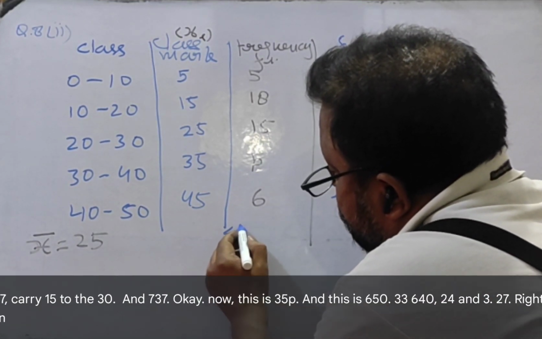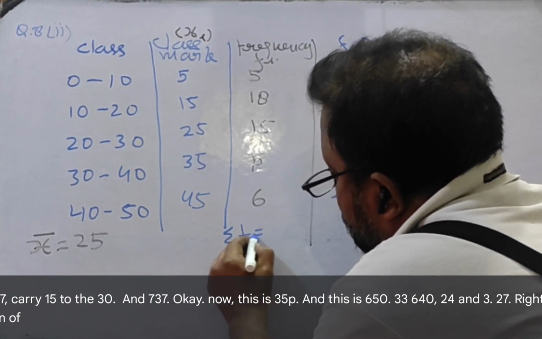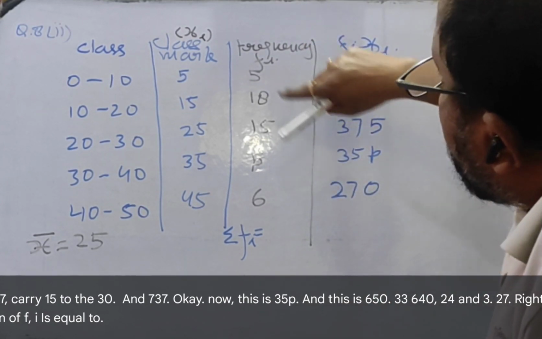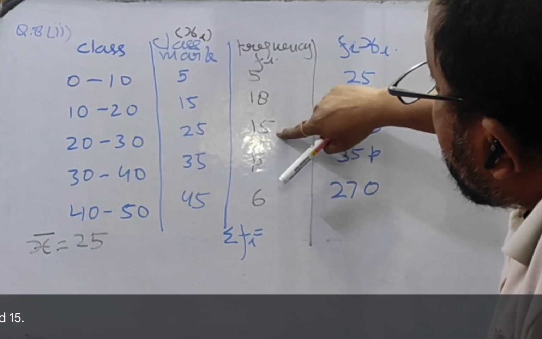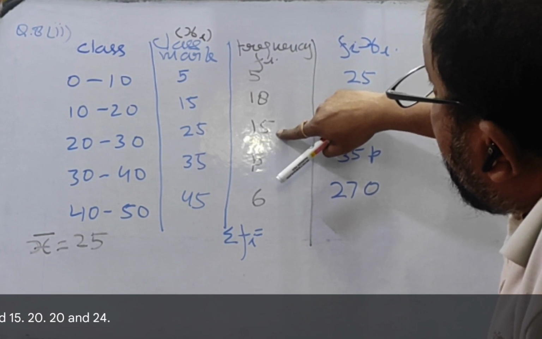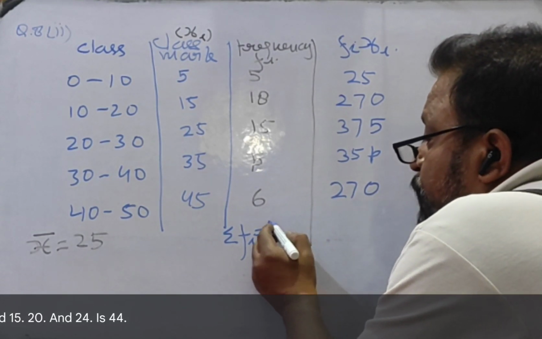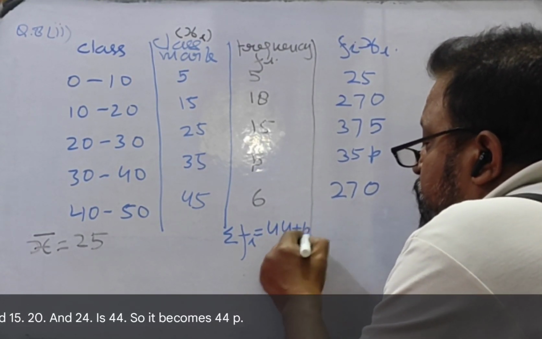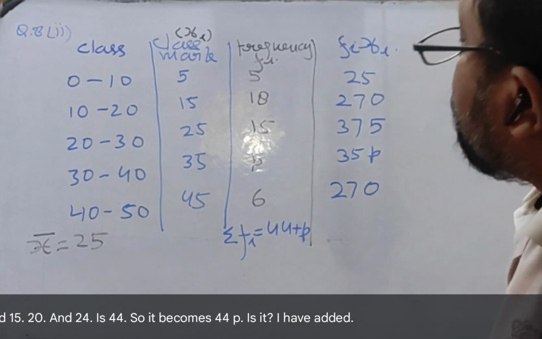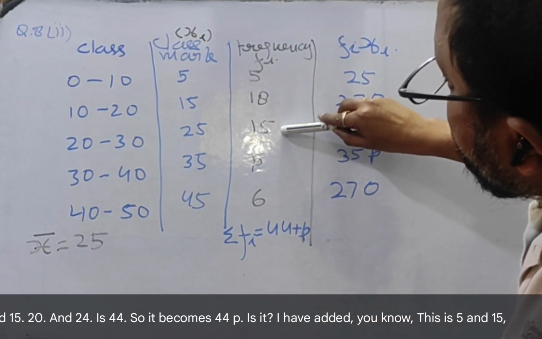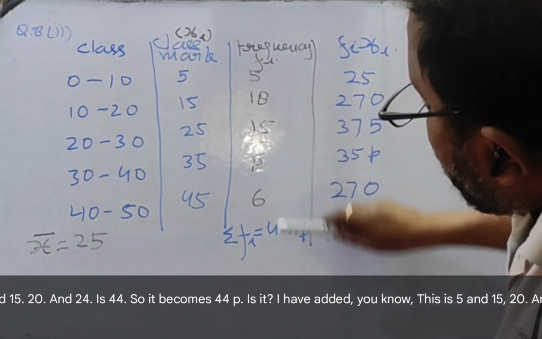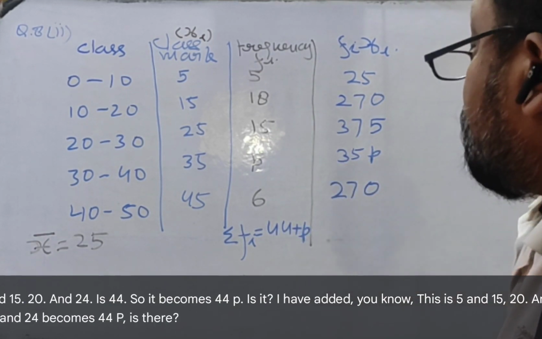Summation of fi is 5 and 15 is 20, 18 and 6 is 24, and 20 and 24 becomes 44, so it becomes 44 plus p. Right?